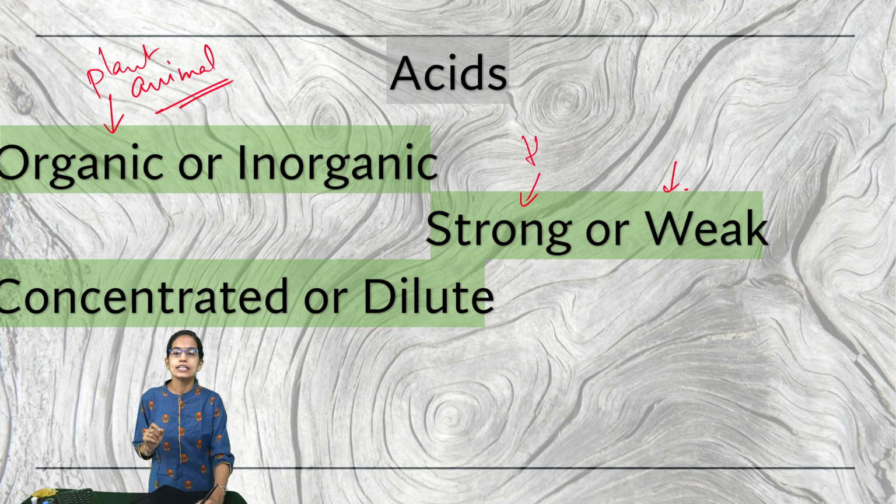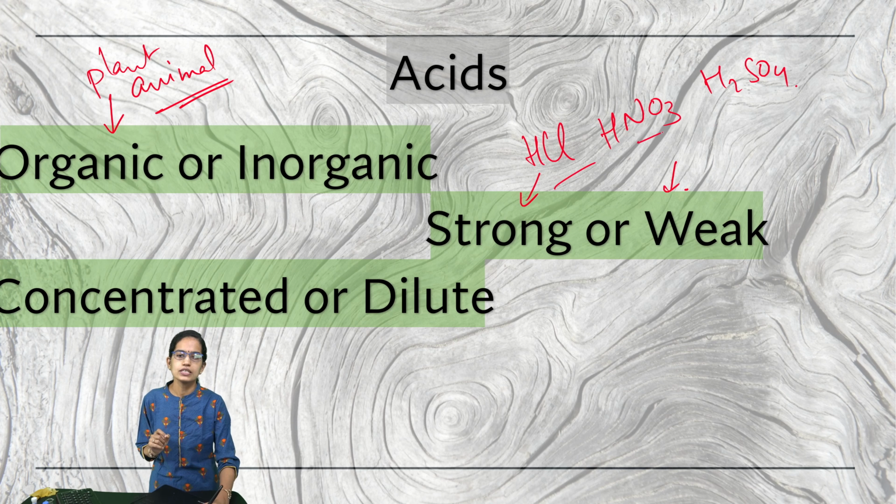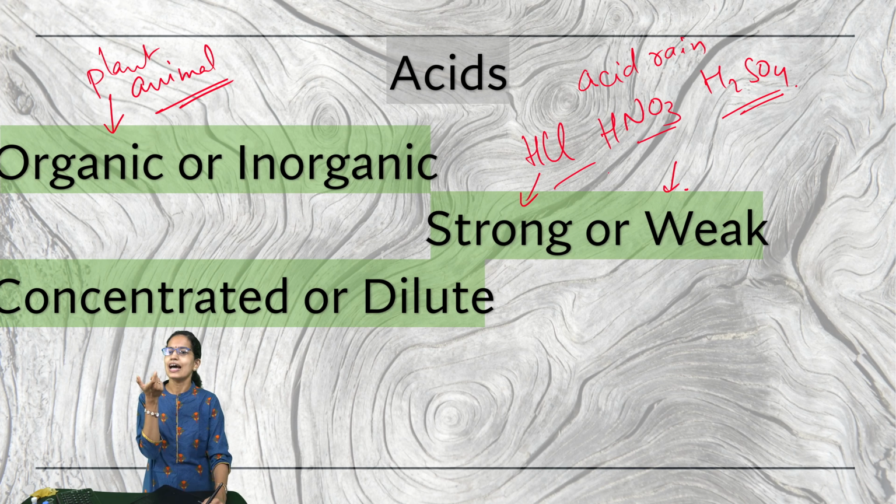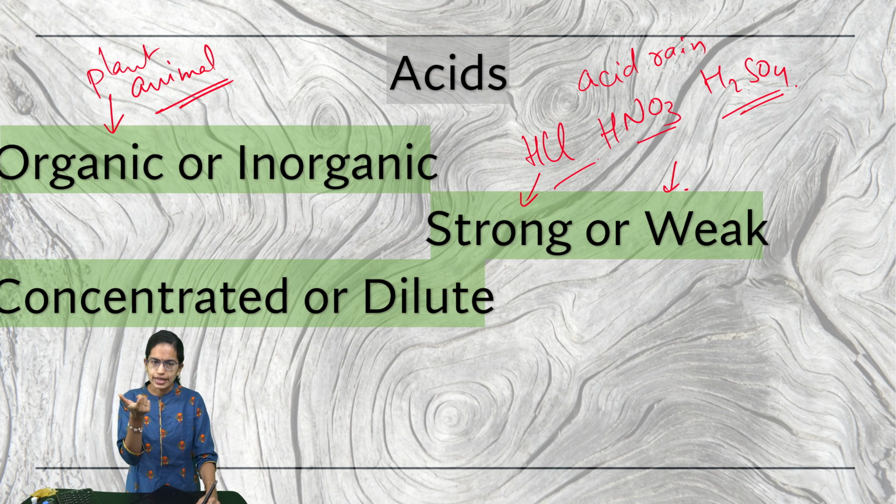Similarly, acids can be strong and weak. Strong acids, HCl, hydrogen chloride, nitric acid, sulfuric acid, all of these are strong acids, even responsible for phenomena like acid rain. The same acids, hydrogen chloride, nitric acid and sulfuric acid, can be in the concentrated form.